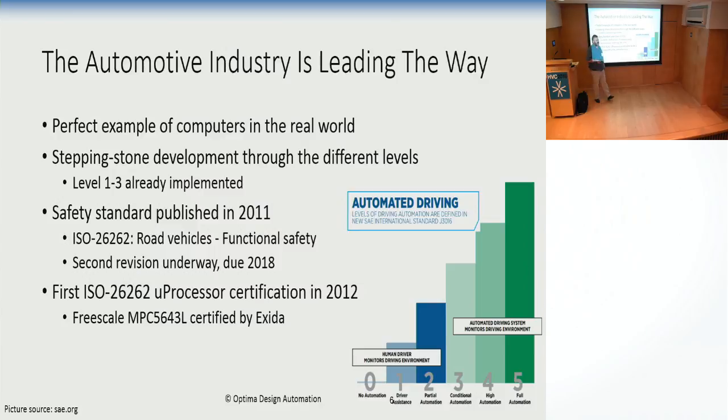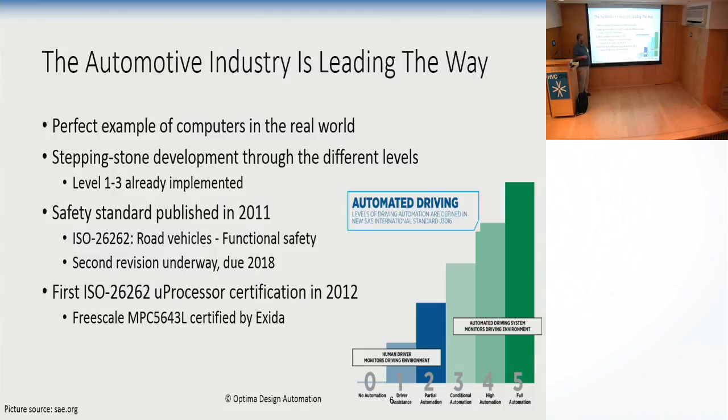This domain of automotive has already started working on safety, obviously. There's a standard, it was published in 2011, and it is now being revised. The new revised version is expected around 2018. It's called ISO 26262. I will mention it a couple of times today in the discussion.